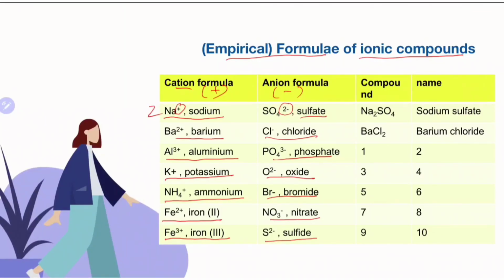There are 2 sodium ions joined with the sulfate ion, 2-, with a ratio of 2 to 1. So the formula is Na2SO4. For barium 2+, Cl- 1-, so it must be 2 here. So the ratio is 1 to 2, and the formula is BaCl2. The name is barium chloride.